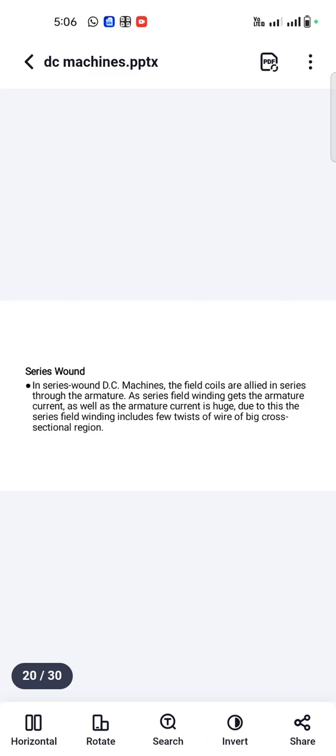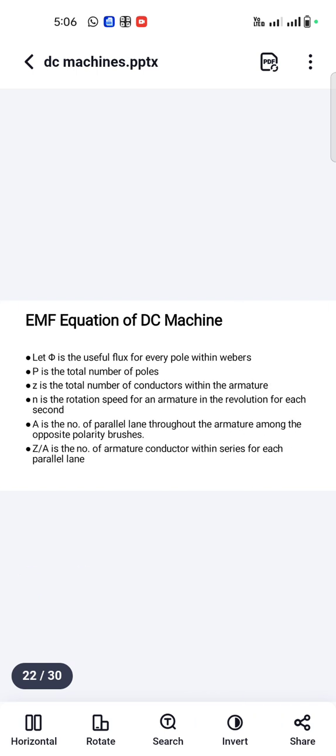Next one, the EMF equation. These are the parameters we use to find the equation of a DC machine. Let phi be the flux. What is the unit of flux? Weber. P is the number of poles.